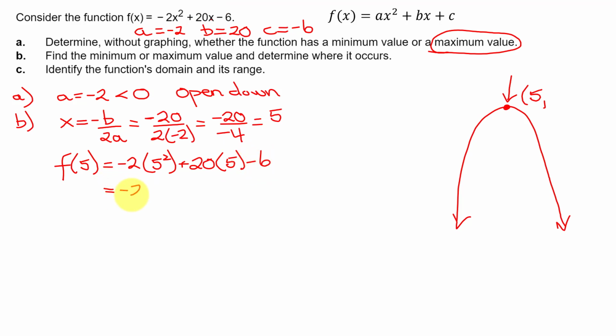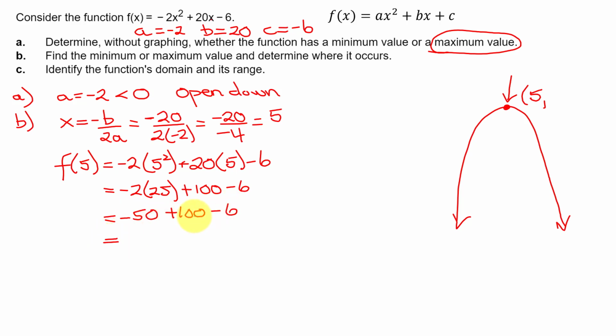So I have negative 2 times 5 squared, 5 times 5 is 25, plus 20 times 5 is 100, minus 6. So negative 2 times 25 is negative 50, plus 100, minus 6.